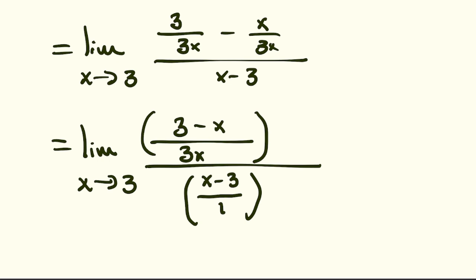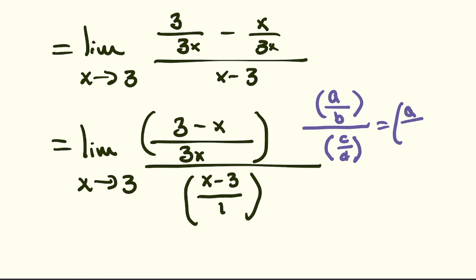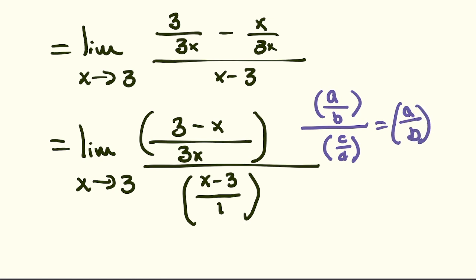We're going to remind ourselves that when we have two fractions, a over b divided by c over d, we can flip and multiply. So this is the same as a over b times d over c.